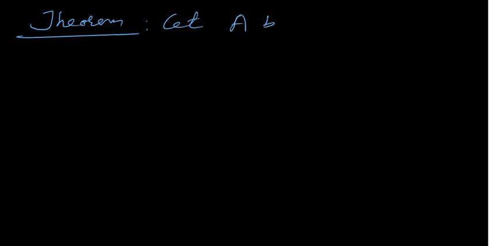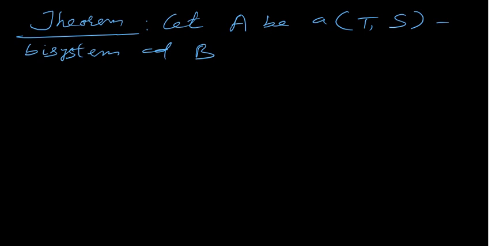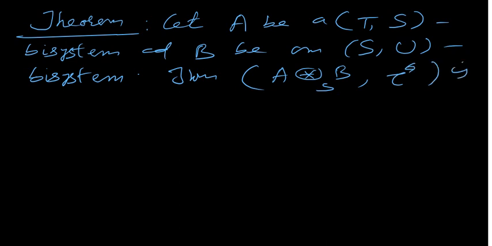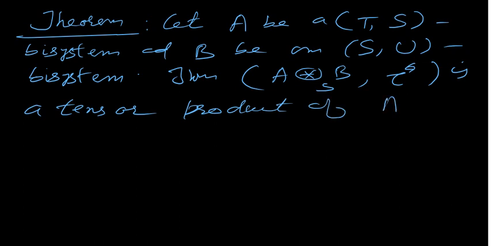Let A be a TS bi-system, and B an SU bi-system, then A tensor B over S with tau natural is a tensor product of A and B over S.